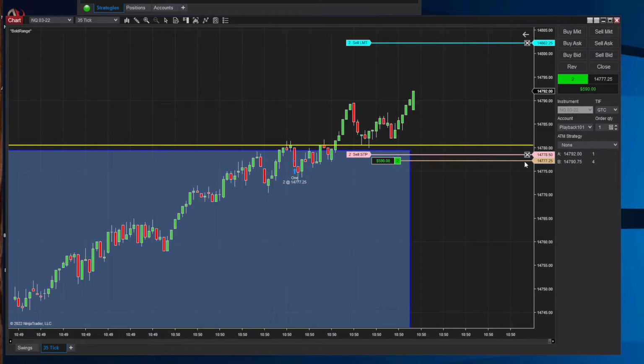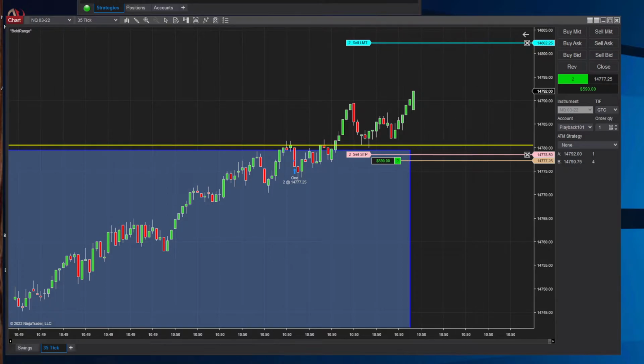You see this tan line? That's my entry. It's 77.25. This is now my stop loss. So if the price comes down here before it goes up here, I will be taken out with a very, very small profit. So let me slow this down and we'll play it out and see what happens.